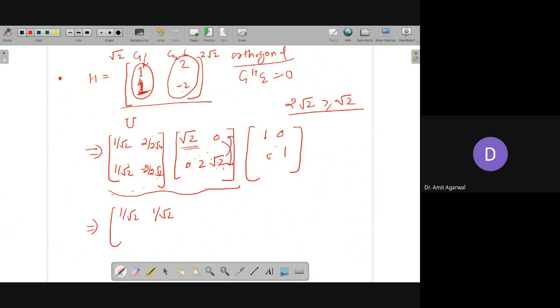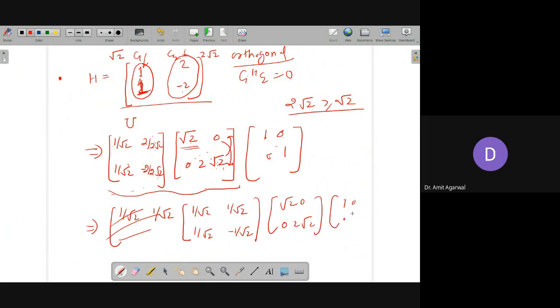We can write its column 1 by root 2, 1 by root 2, 1 by root 2, minus 1 by root 2. We have not swapped yet, but just simplified. So now just swap its rows and swap these columns.